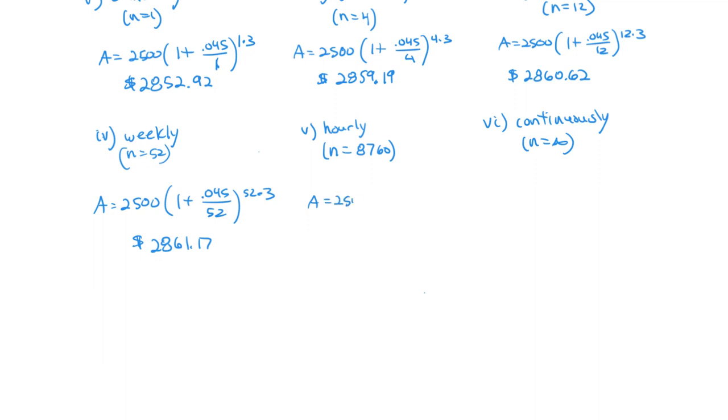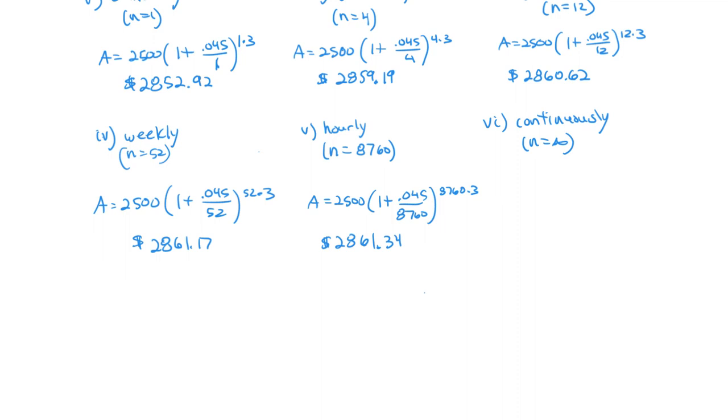Amount equals 2,500 times 1 plus 0.045 divided by 8760, raised to the 8760 times 3. And what I get here is 2861.34. It's slowing down.